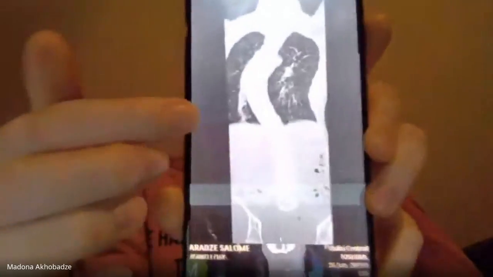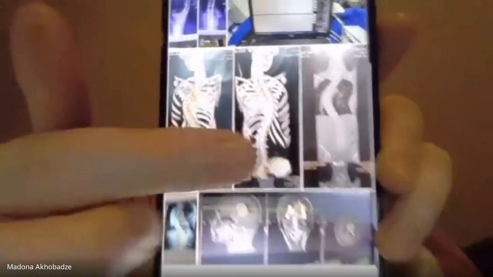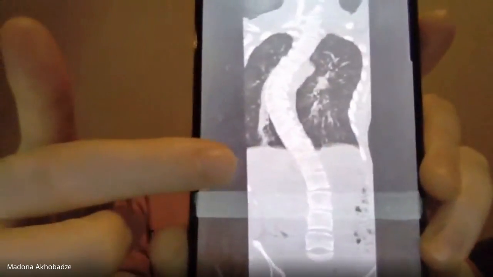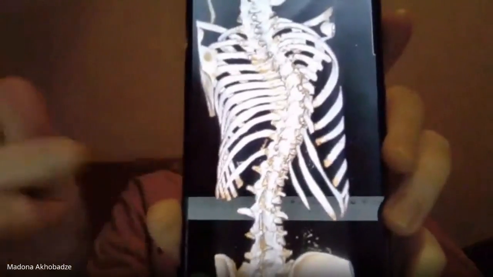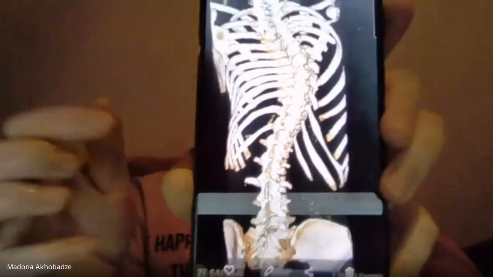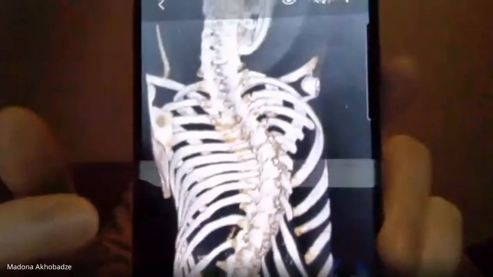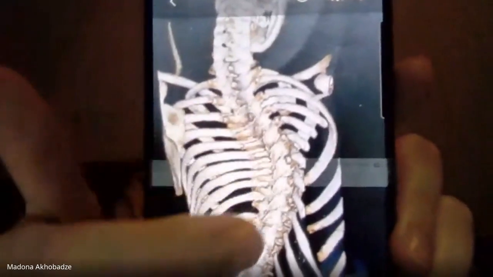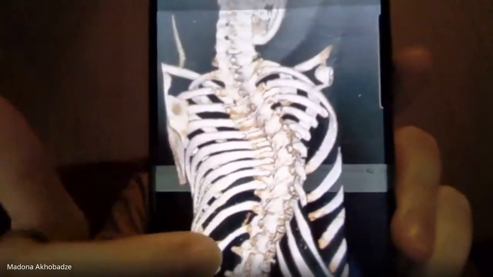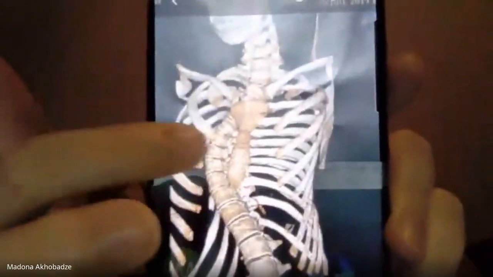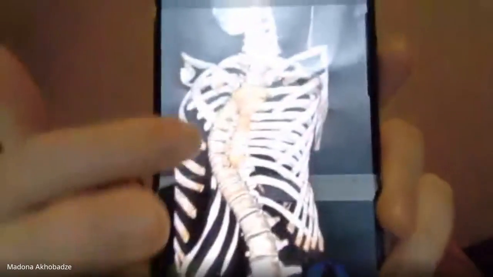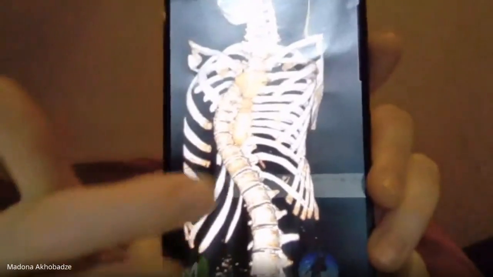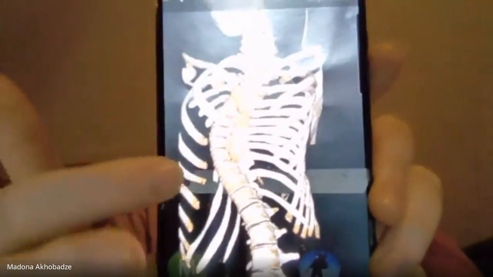This is her vertebral CT. The lungs are compressed on this side. Breathing was difficult and she got tired really easily. This is the 3D reconstruction of the CT. You see the thoracic cavity is deformed and the ribs are deformed, from the posterior view and the anterior view.